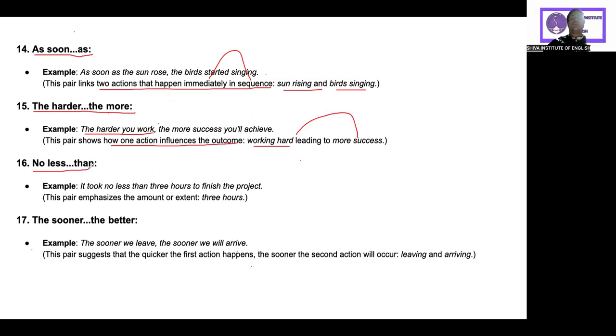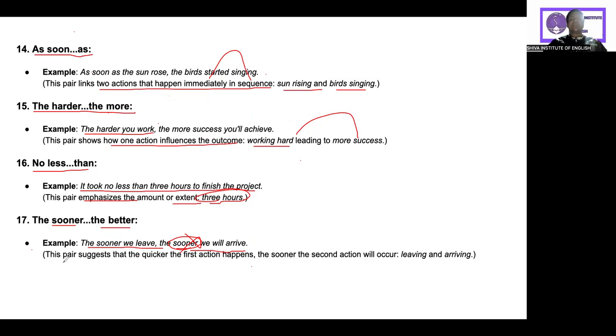Then 16, "no less than". "It took no less than 3 hours to finish the project." This pair emphasizes the amount or extent, which is 3 hours. Then "the sooner, the better": "The sooner we leave, the better we arrive." Here "sooner" is used with "the better": the sooner we do the task, the better we get the result.